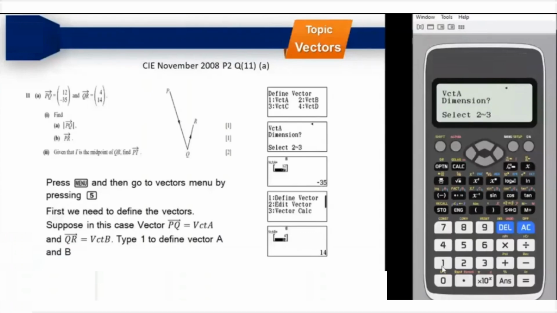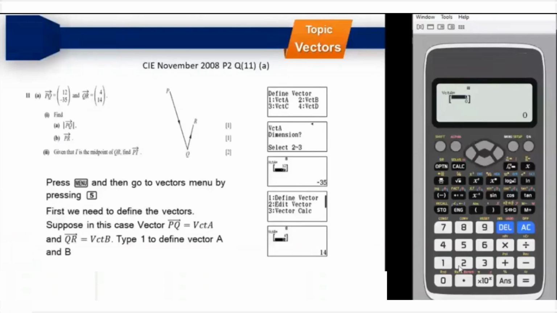Is it a 2-dimensional vector or a 3-dimensional vector? Since it is a 2-dimensional vector, I will press 2. And the question will be in the column vector form. Whether the question in the question paper is Cartesian form, column vector form, or coordinate form, the calculator will read it in the column vector form.